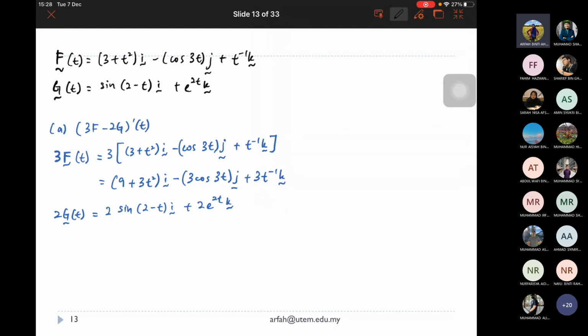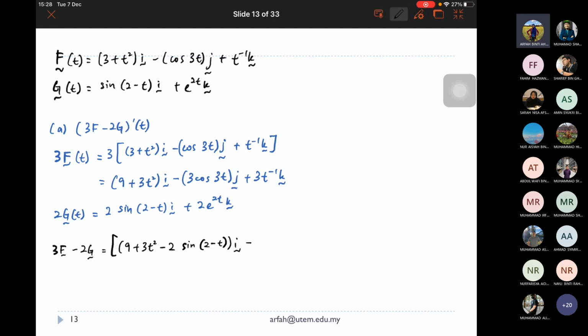Then, calculate 3f tolak 2g. That mean, tolakkan dah. 9 tambah 3t squared tolak 2 sin 2 tolak t i. Okay.